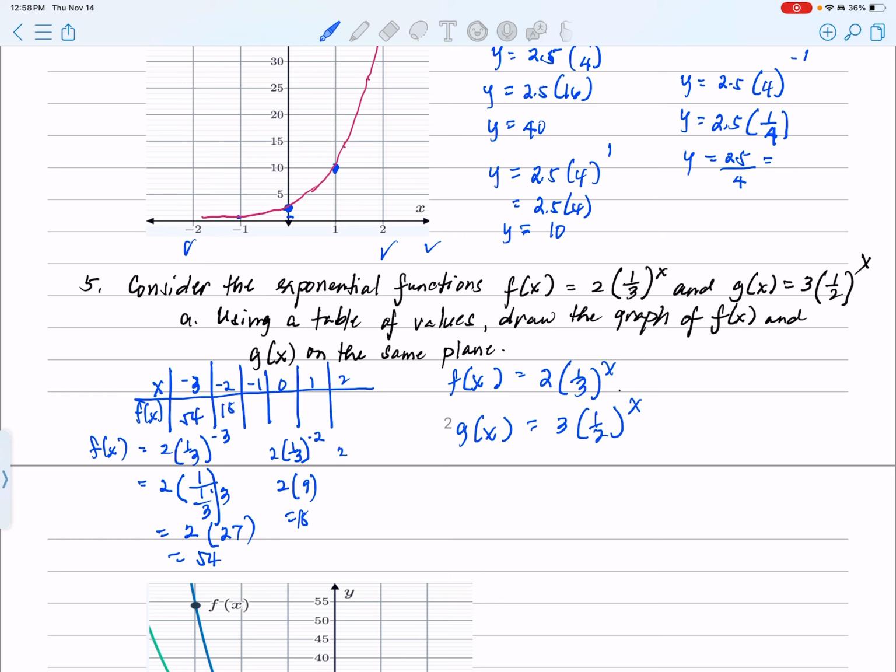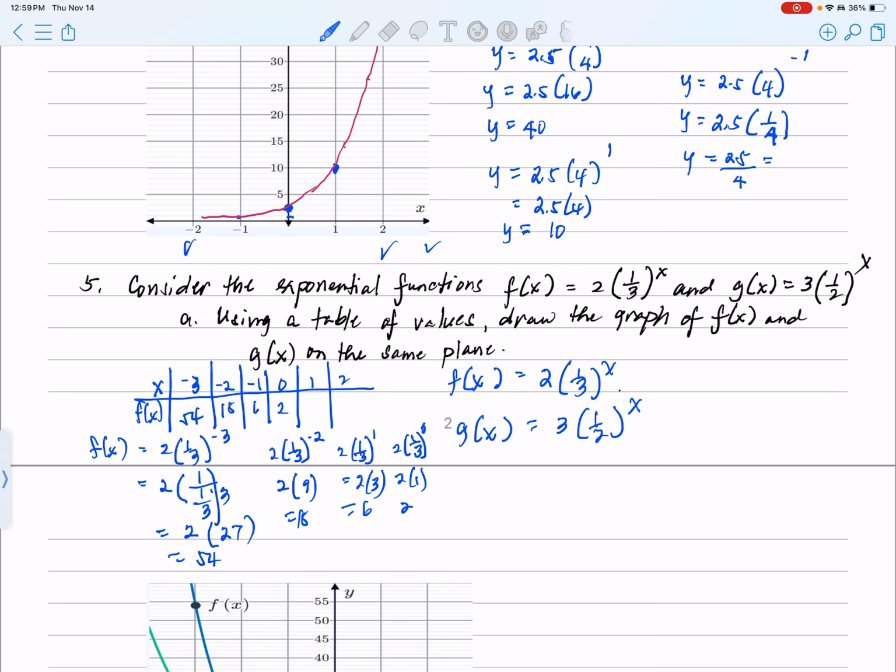1/3 to the first, that would be 2 times 3, that equals 6. For 0, the exponent is equal to 1. 2 times 1/3 to the 0, 2 times 1, that equals 2.